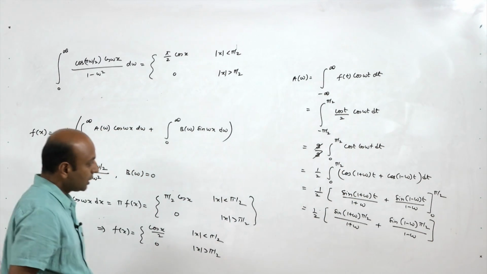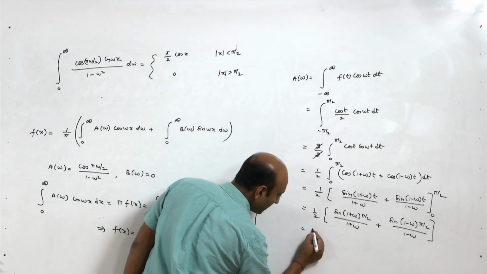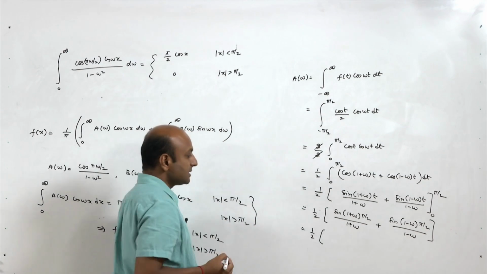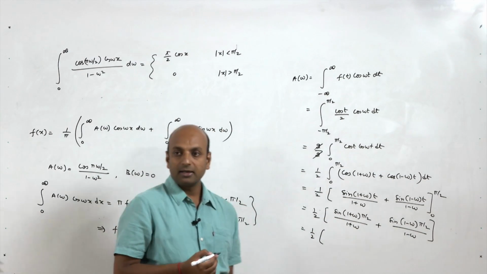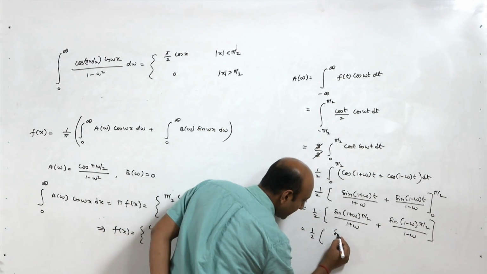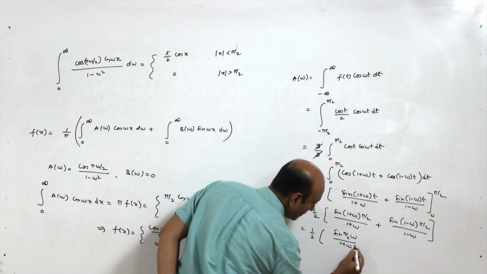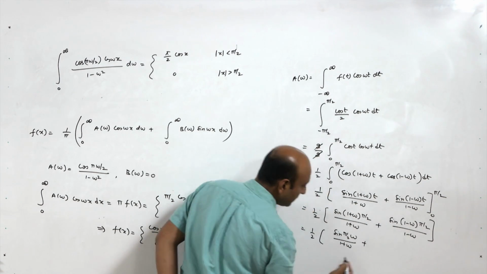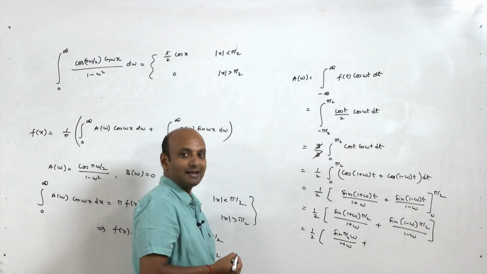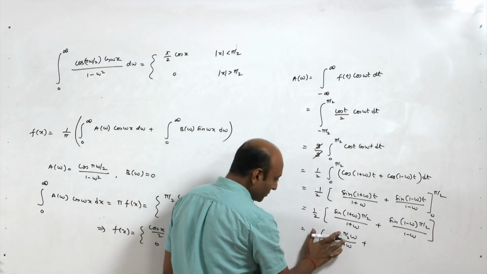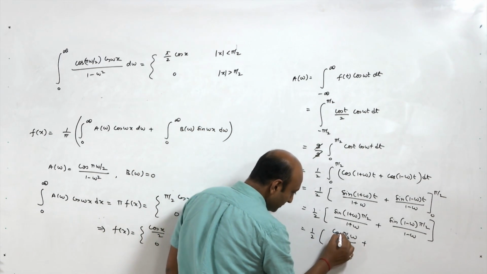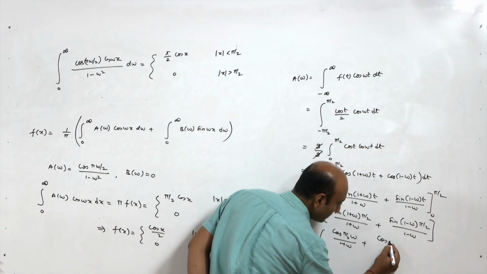Okay. Now, when you simplify, this is nothing but 1 by 2. Now, sin(90 plus θ) is cos θ, sorry, it is cos θ. So, it will be cos θ, again here it is cos θ.